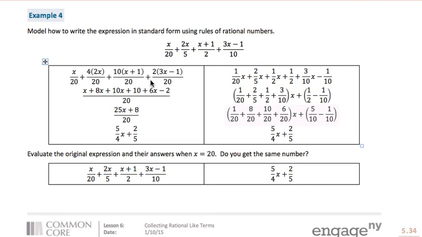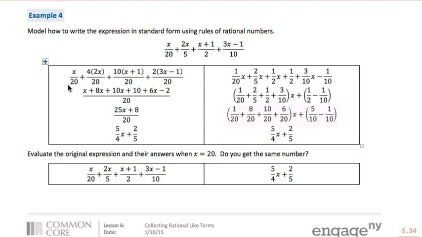And then our final term we're multiplying by 2 to get 20 in the denominator. So in the numerator, we have 2 times the quantity 3x minus 1. And again, make sure you put parentheses around it.